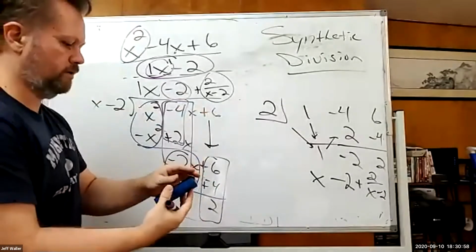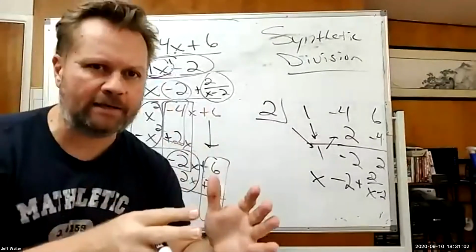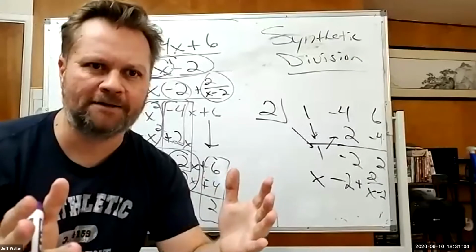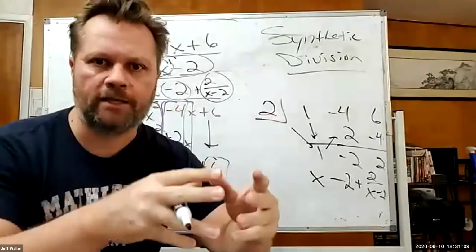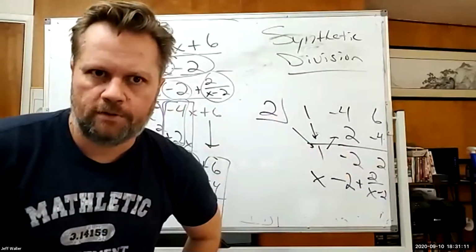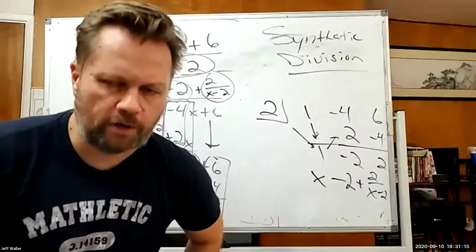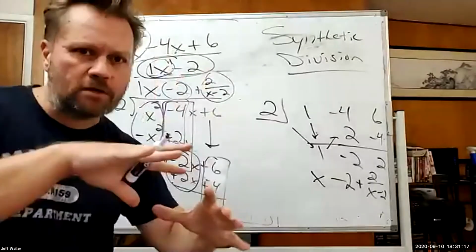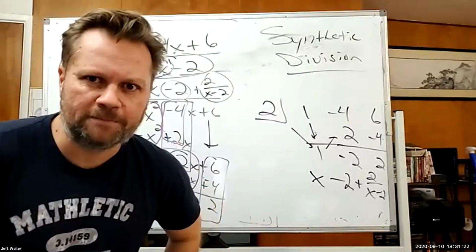Wait, it only works when? Yeah, it only works if I'm going to divide by x plus a. So here a is -2, right? So it has to be x plus or minus a number. That's the only thing I can divide by. And this works directly. If it's not that on the bottom, you can kind of finagle things a little bit, but it gets a little bit freaky.